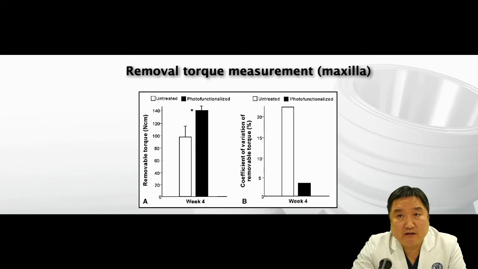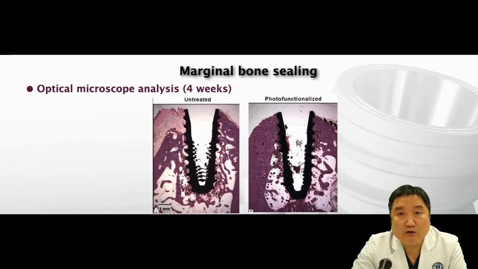So the UV-treated group showed superior removal torque forces compared to the control group, which means much stronger osseointegration. We also observed a marginal bone sealing effect for the UV-treated groups.